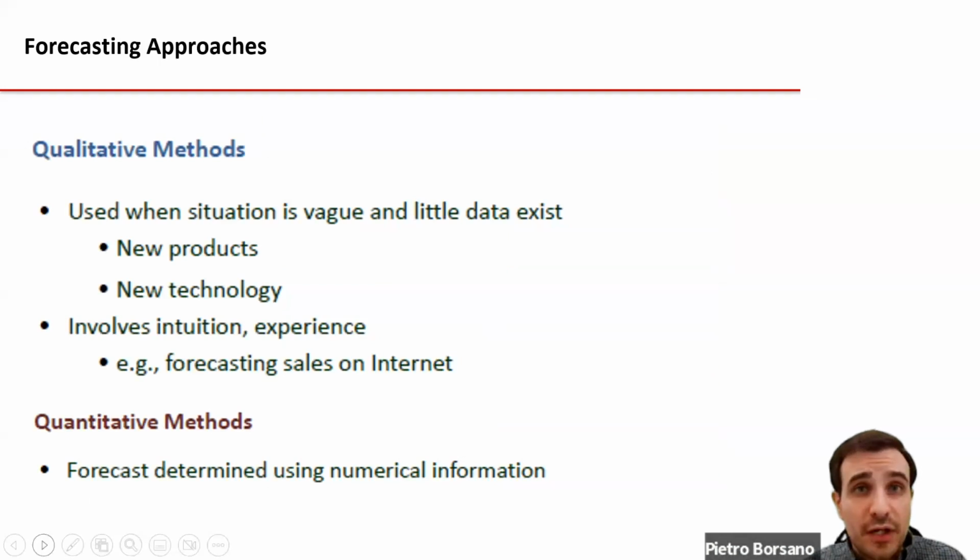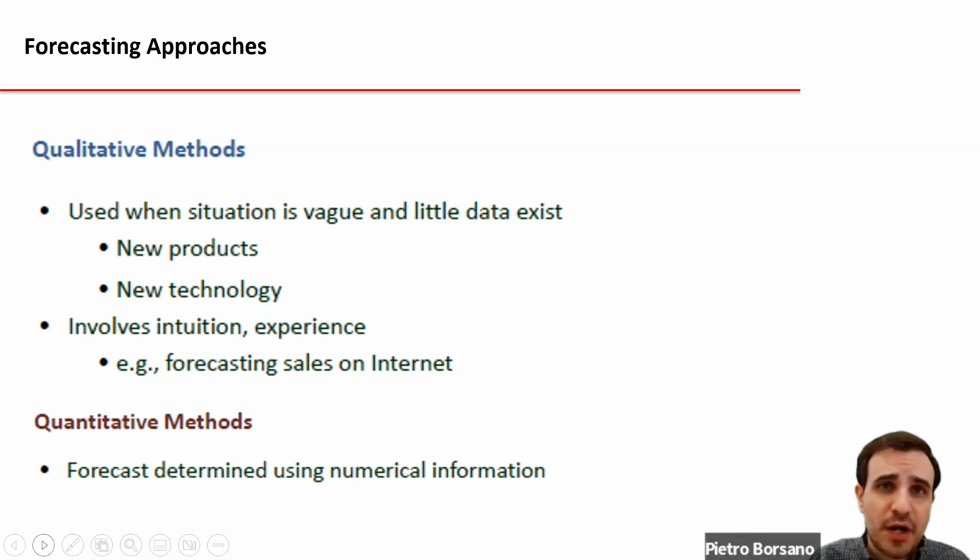What methodologies can be deployed in forecasting? One set of methodology is qualitative methodologies. These are generally used at the early stage of our product life cycle. And this is because we don't have much data. We cannot use mathematical methodology at this stage.